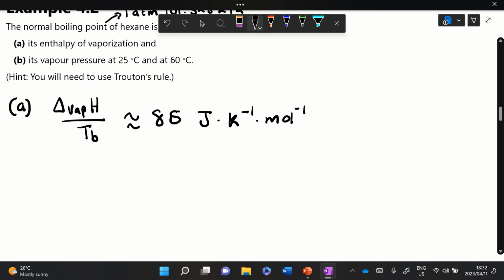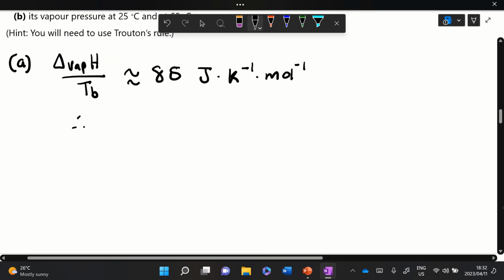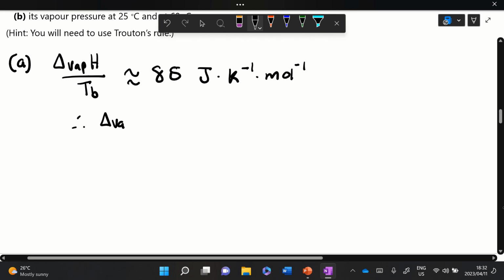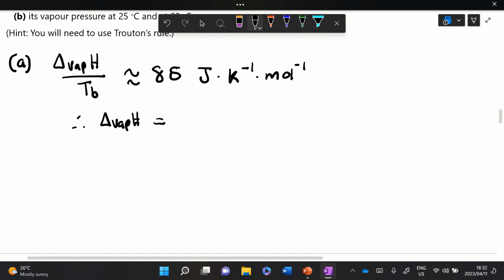TB is the boiling temperature. So in other words, the enthalpy of vaporization is then approximately equal to TB times 85.